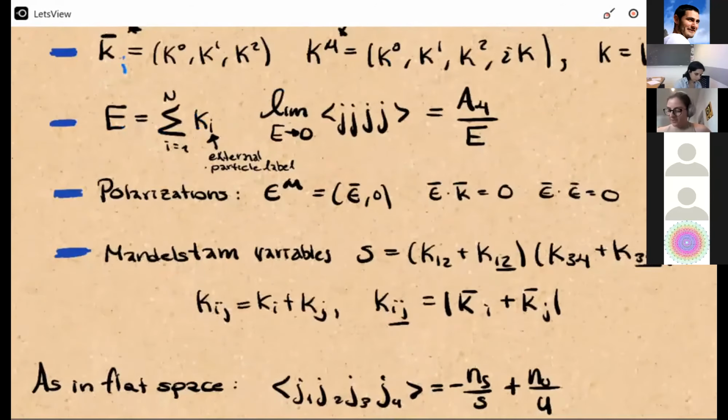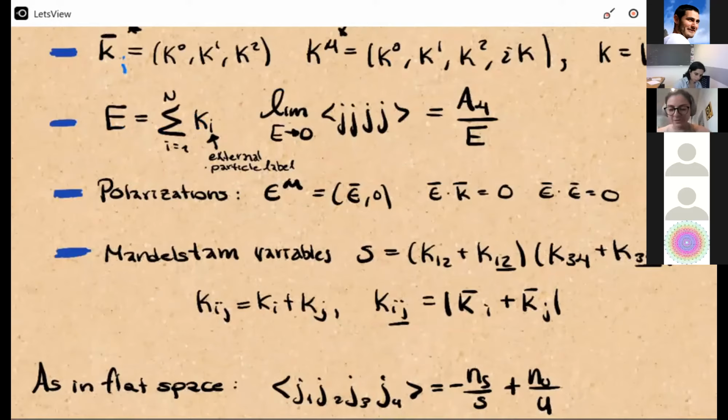Since these are gluons, again we're in the adjoint, and the color-ordered correlators are defined in the same way as the color-ordered amplitudes, just by stripping the color, meaning by removing the trace of the generators. That means that basically everything that we had in flat space, all the notation, we can again use here.